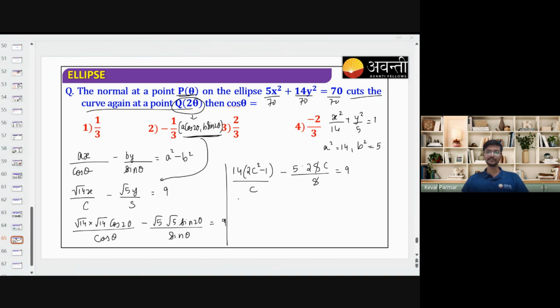So let us take LCM here. So 14 into 2 cos square minus 1 minus 10 cos square is equals to 9 cos. So 14 2s are 28 cos square minus 14 minus 10 cos square equals to 9 cos. So 28 cos square minus 10 cos square, 18 cos square minus 9 cos minus 14 equals to 0.